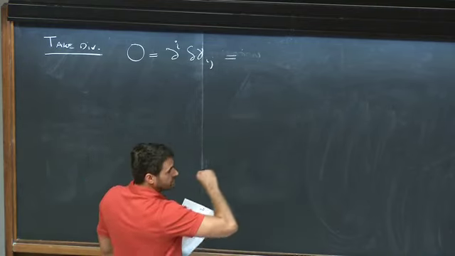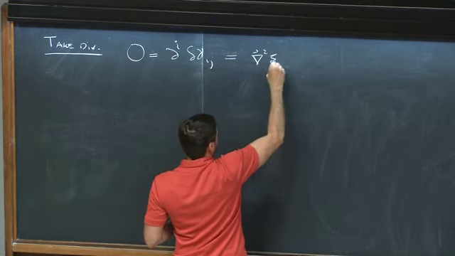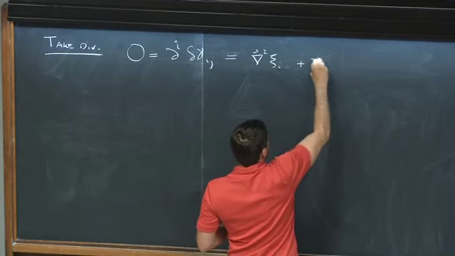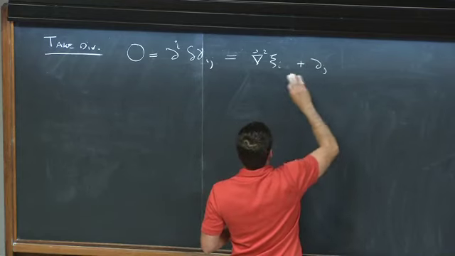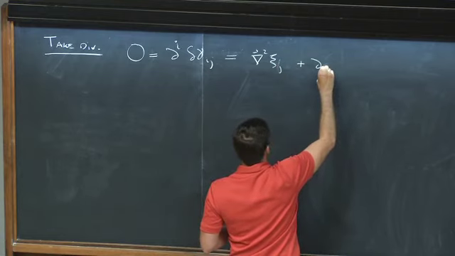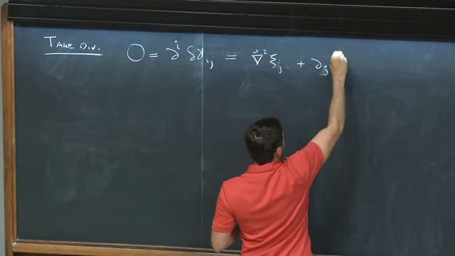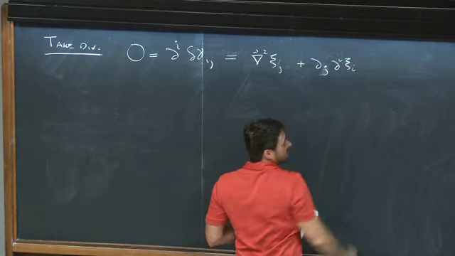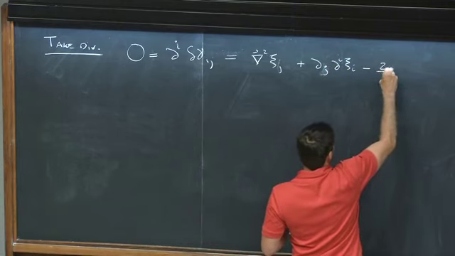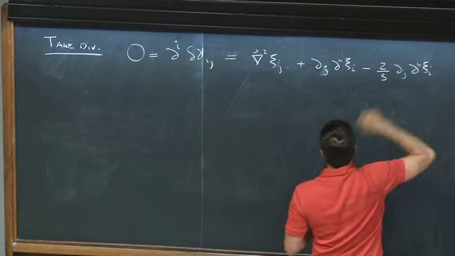So if you take the divergence of this equation, you find Laplacian of Xi plus d_j, sorry, this should be j, excuse me. This is then d_i, so it's d_j d_i C_i, that's the second term, and then the last term minus 2/3, the same thing, d_j d_i C_i.